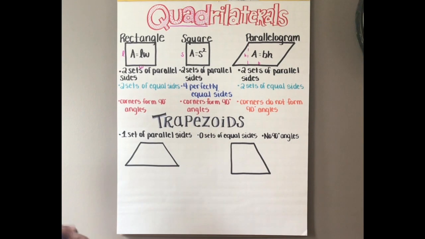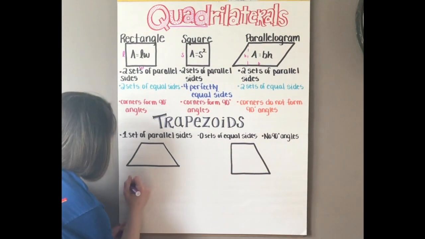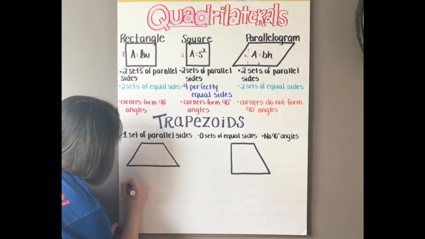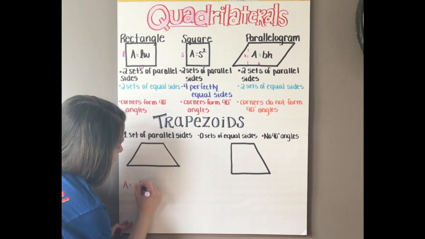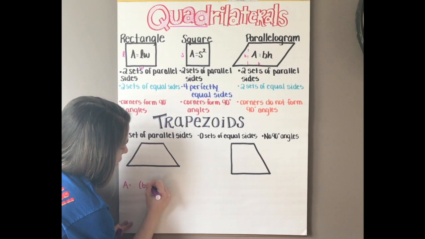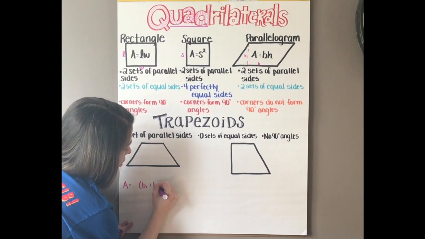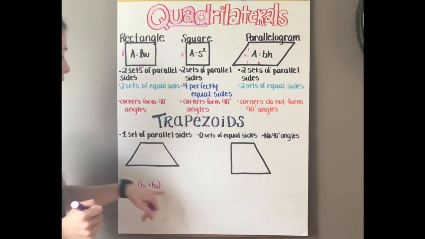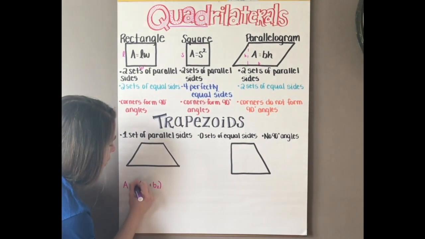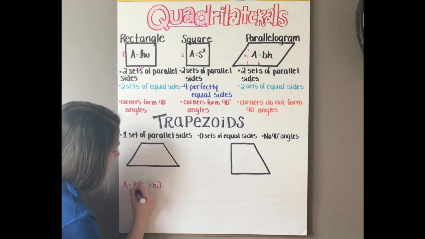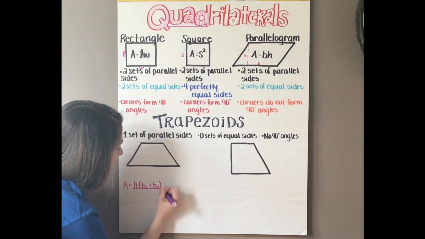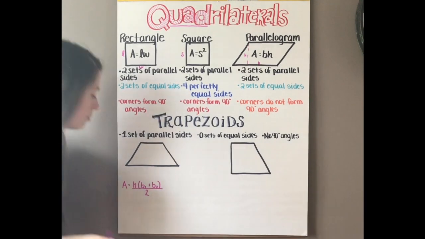So the way in which we would calculate the area of a trapezoid is we are going to add the bases together, which are the parallel sides. We're going to put that in parentheses because we want to add it first and then multiply that sum by the height and then divide our answer by 2.